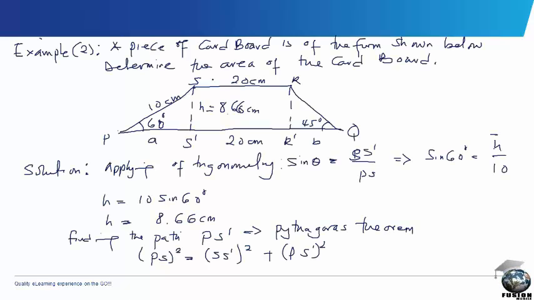From the diagram, PX is 10, so 10 squared is equal to 8.66 squared plus PX bar squared. All we have to do is make PX bar the subject of the formula, moving the rest of the equation to one side.